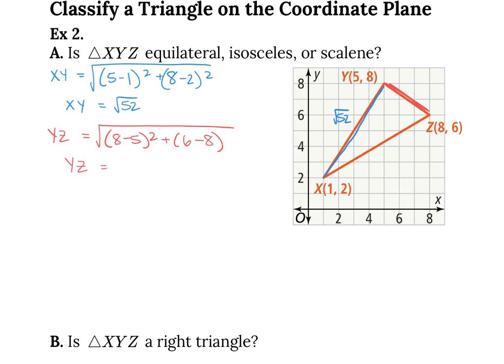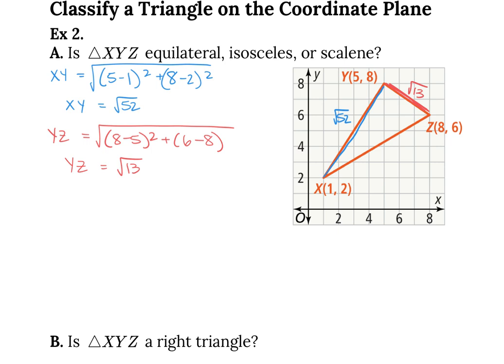So that's going to end up simplifying to the square root of 13. So this side is square root of 13. So far, I know it can't be equilateral because I have 2 different measures. It could possibly still be isosceles or scalene, depending on what that third side measures.